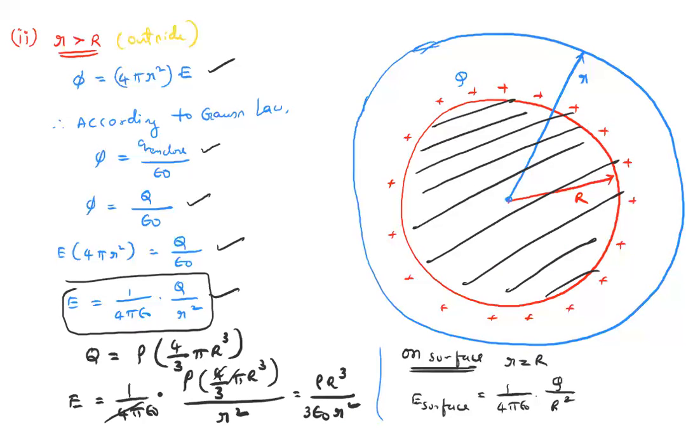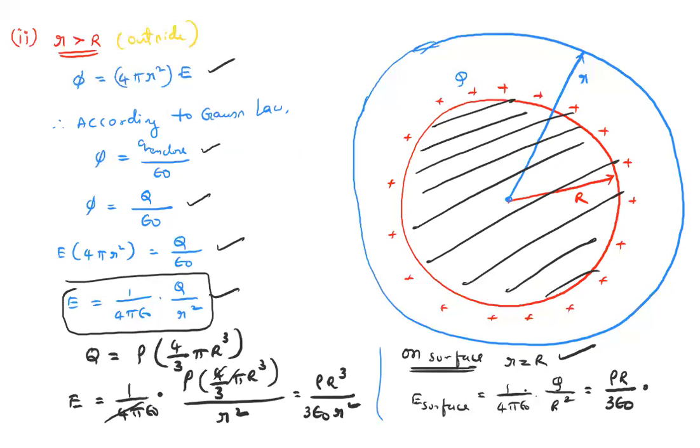Now on the surface, small r equals capital R, so E equals rho capital R divided by 3 epsilon naught. It is similar to the previous. The outside point derivation is the same as the conducting sphere. Only the variation is that there we used surface charge density, here we use volume charge density.